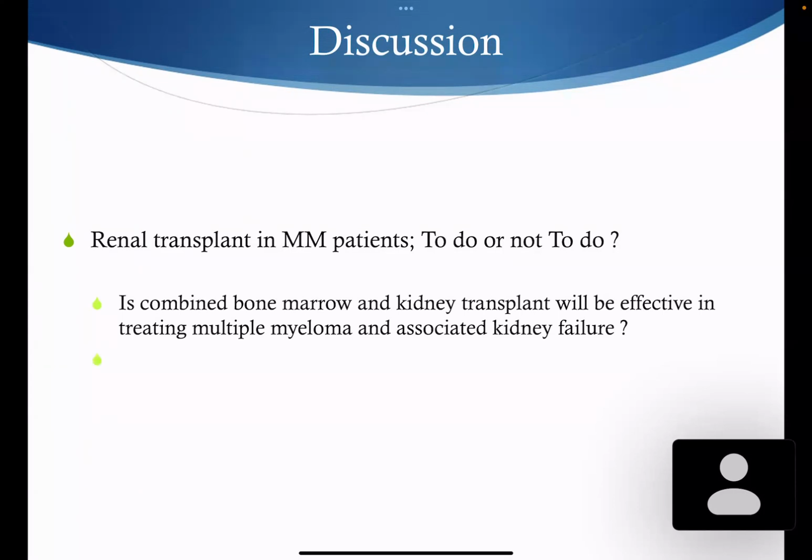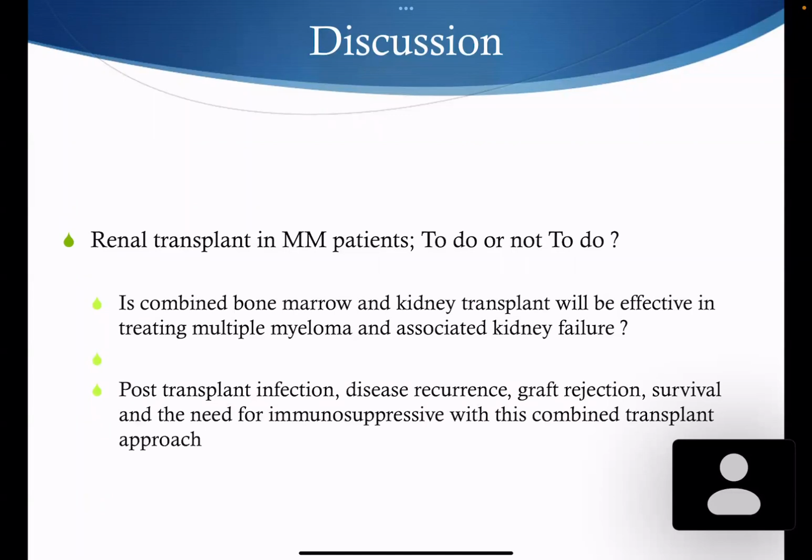So these are the questions that we need to answer. Is it better to combine bone marrow and kidney transplant? And what is the rate of post-transplant infection, disease recurrence, graft rejection, and the need for immunosuppression for this combined transplant? What is the approach?